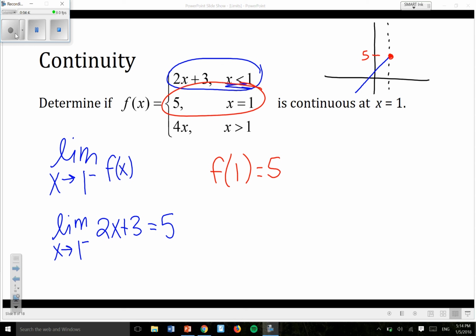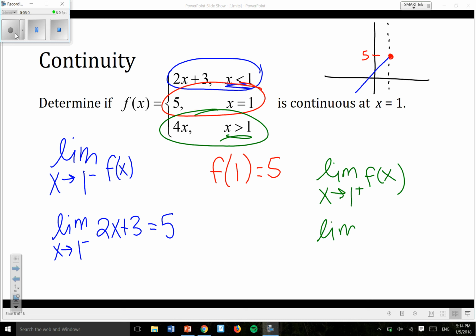The last piece is to look at the limit as x approaches 1 from the right. We're going to look at this piece because that is defined by values where x is greater than 1.